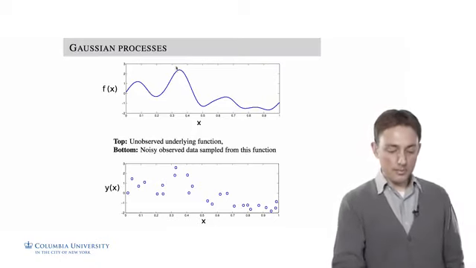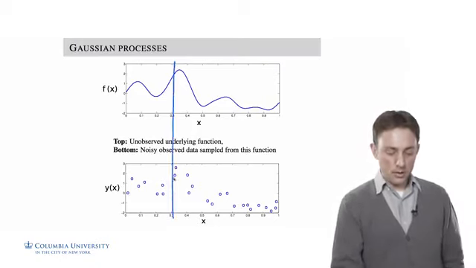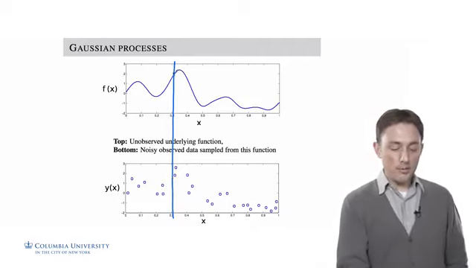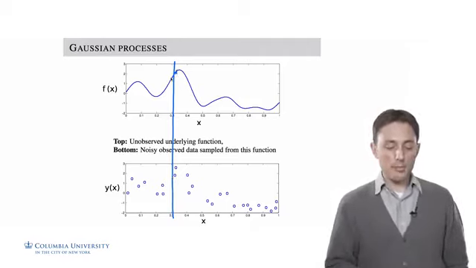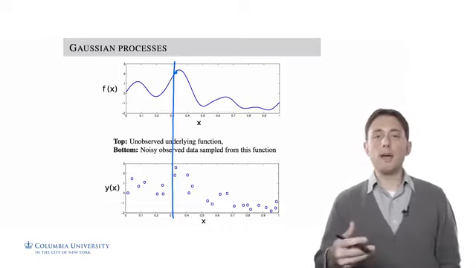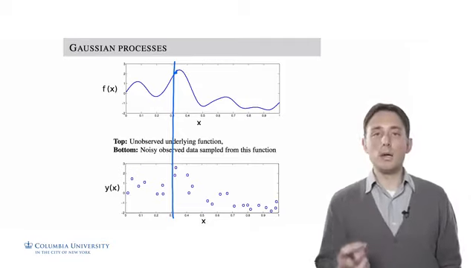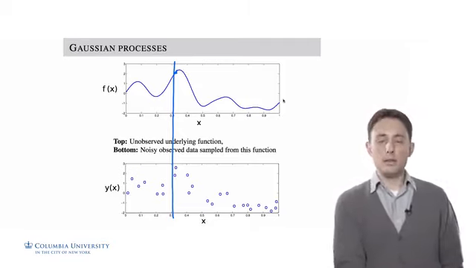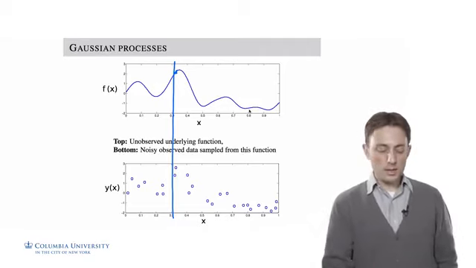So for example, at this point, right around here, I get a random observation of the function f, where I have a mean equal to the function at that point plus some noise that accounts for the fact that perhaps my measurements aren't exactly right. There's some noise in the system. So I get noisy samples of this function at different points in x. And so that's my data set.